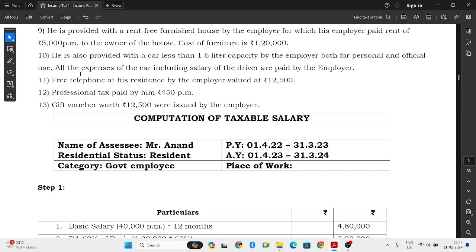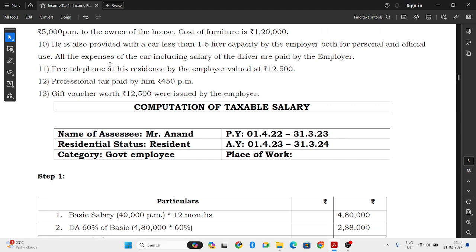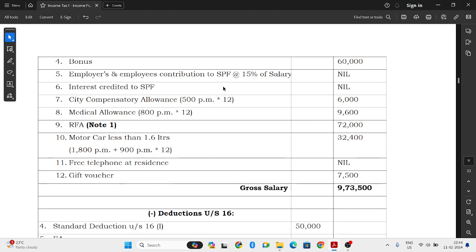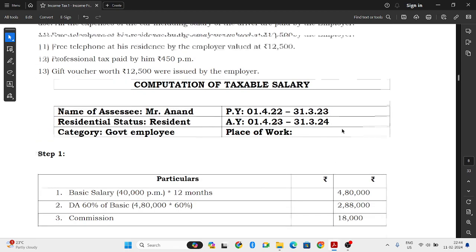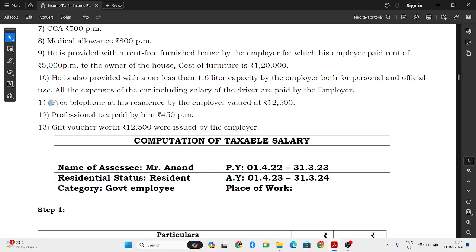For the car, they will charge 1800 per month, and they have even given a driver. For the driver, they will charge 900 per month. So 1800 plus 900, into 12 months, will be 32,400.